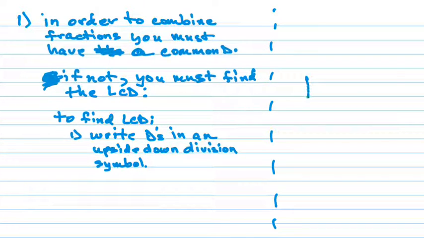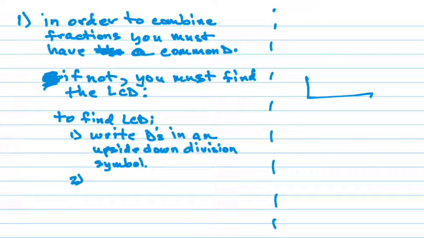I just turned it upside down. Division is usually written like that, and I just flip it over. When is division written like that? Well, when we're doing this. All right, now. Come on, guys.